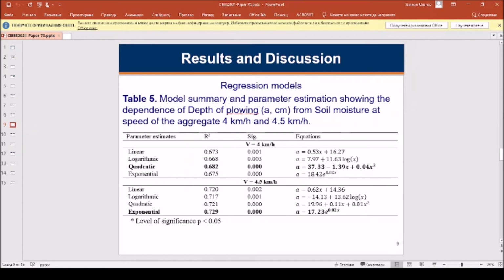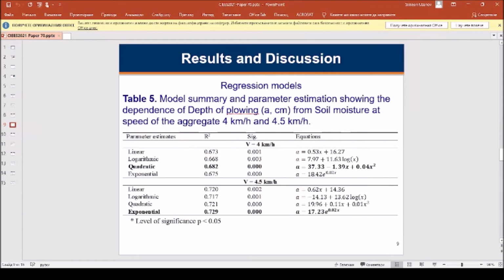All calculated regression equations showing the influence of soil moisture on the depth of plowing at a unit speed of 4.5 km per hour were statistically significant at p less than 0.05. In this case, the coefficient of determination of the exponential model is the highest.